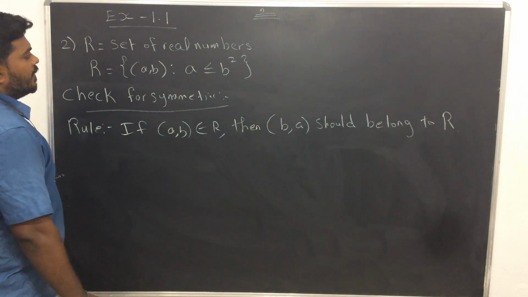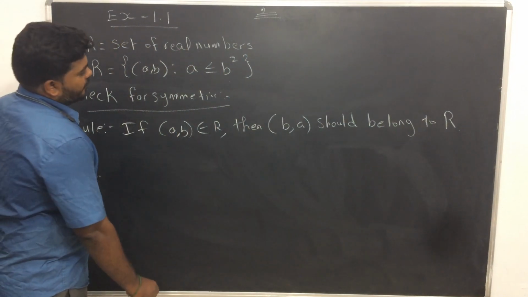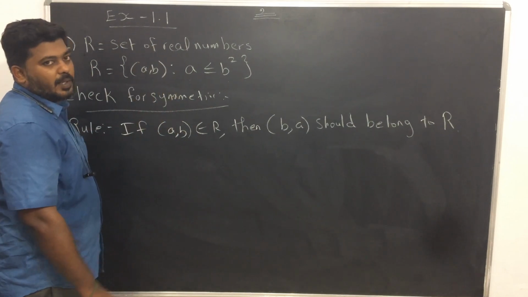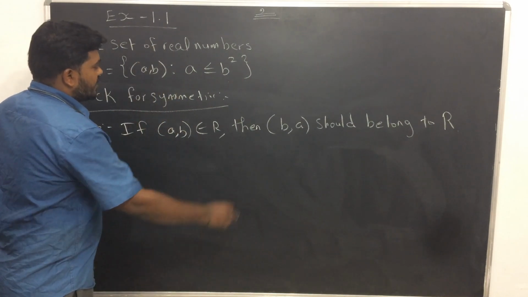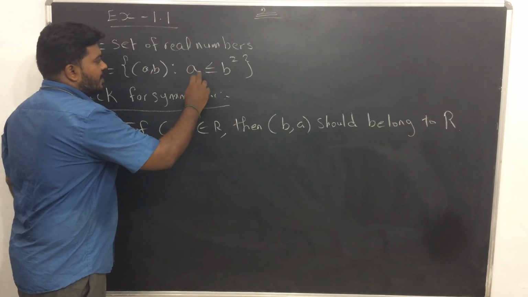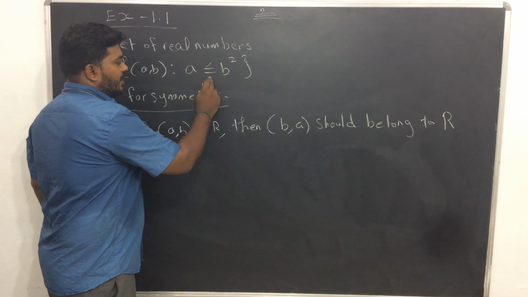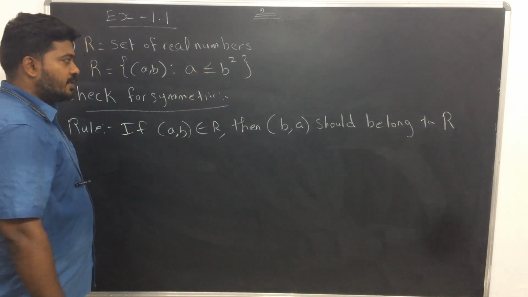So this is the rule for any relation to be proved symmetric, right? Now, let's take for example, let a be 1 and b be 2. What happens in that case? 1 is less than or equal to 2 squared. 2 squared is 4. So 1 is less than or equal to 4. Of course, that is true.